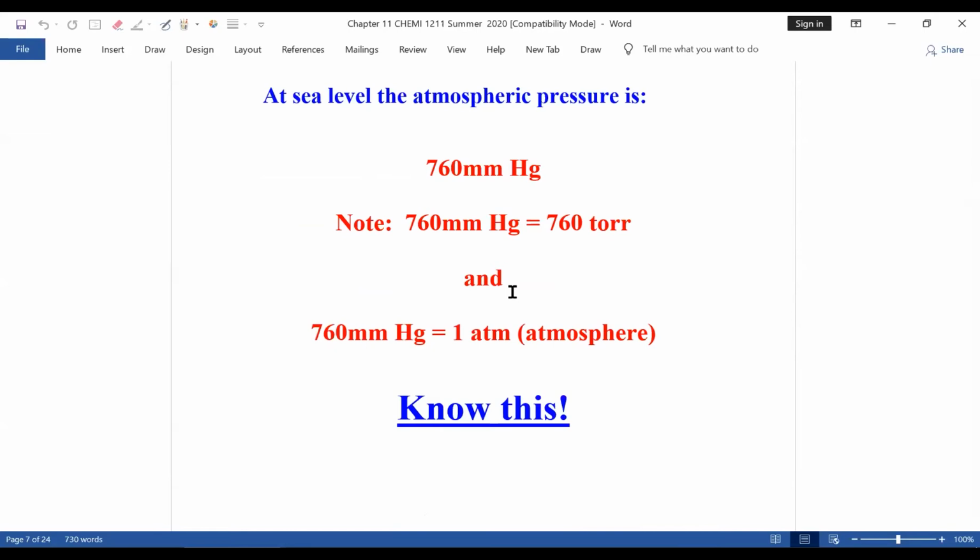Therefore, since 1 torr equals 1 millimeter of mercury, 760 millimeters of mercury, which is the pressure at sea level of the atmosphere, is also 760 torr. Now, because this number is so important, chemists gave it another unit, and that is 760 millimeters of mercury equals 1 atmosphere. Know how to use this, because I'll give you that number for test number 3.